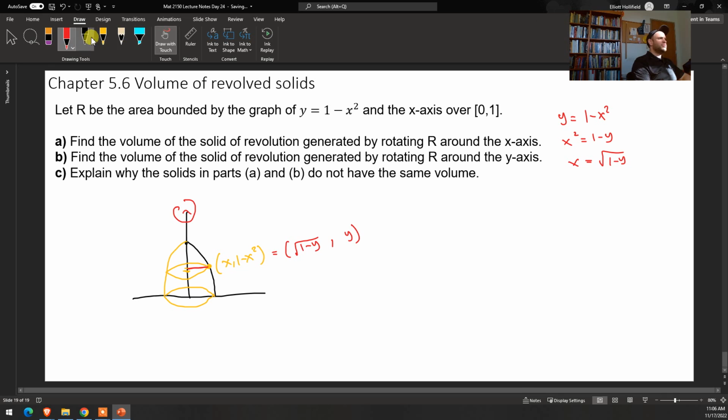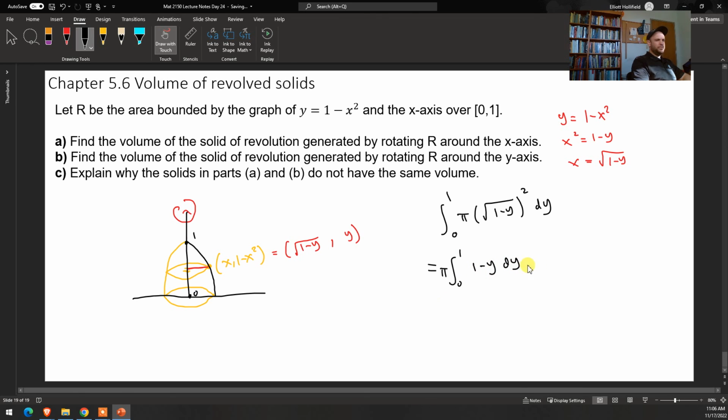We set up our integral. This is the height 0, and this is the height 1. So we integrate from 0 to 1, pi times the square root of 1 minus y, squared, integrated with respect to y. Now let's simplify, bring the pi out front, integral from 0 to 1 of 1 minus y dy.